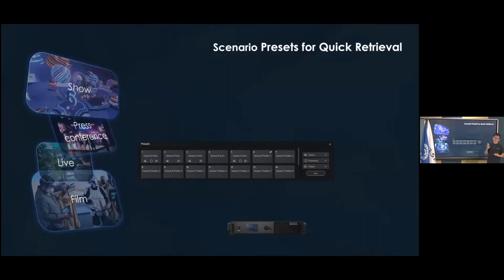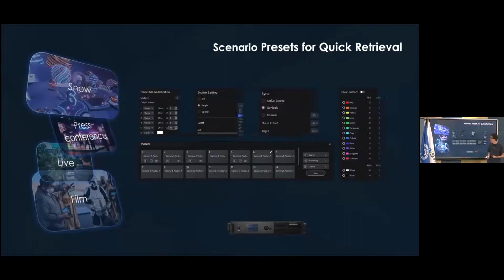We can set the video source inputs, the processing, and the output management of the controllers with a preset function. When you go to different projects, just call back the preset for the settings of your controller's LED screen directly. It is much more efficient for your work. Okay, this is setting the preset for the output and the color processing. So this is the scenario preset, the second highlight we introduced.